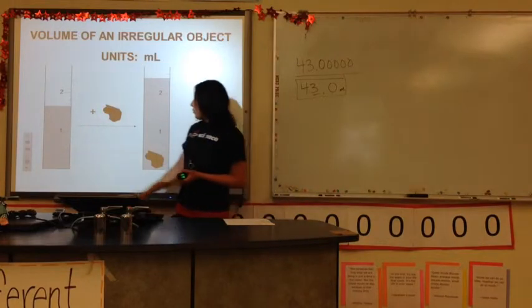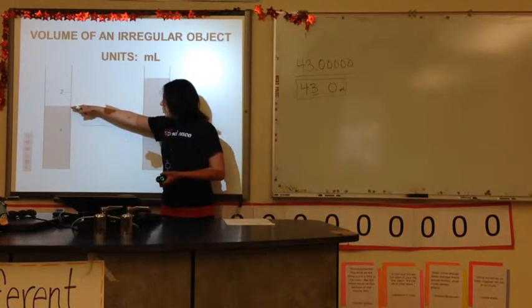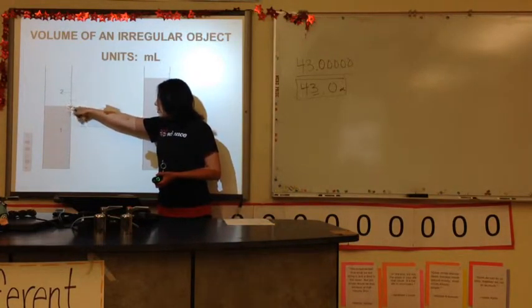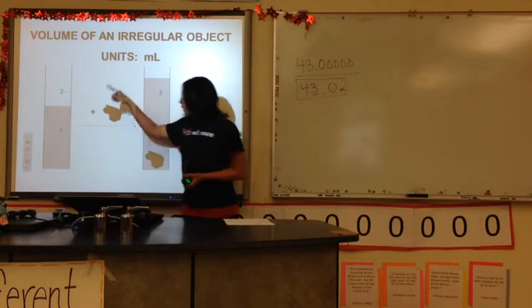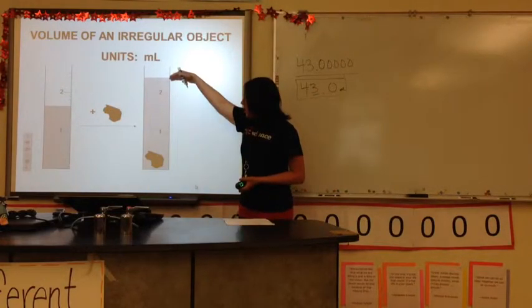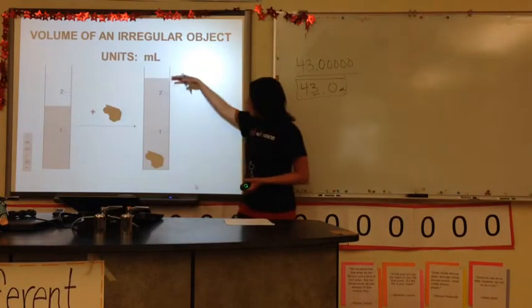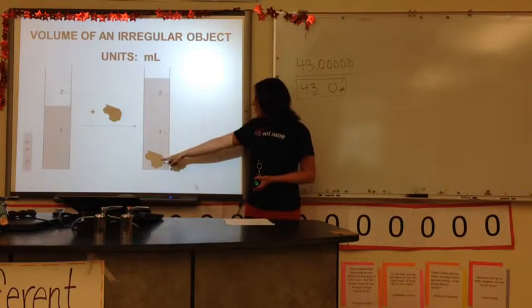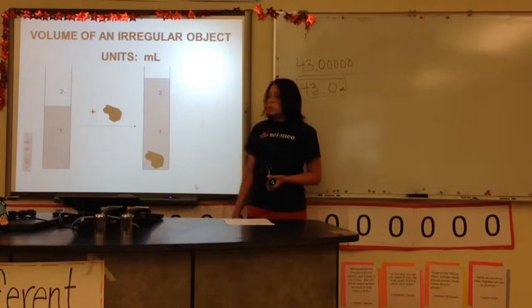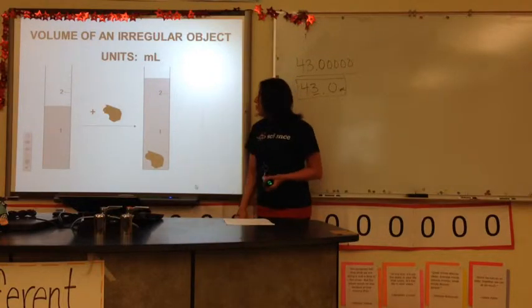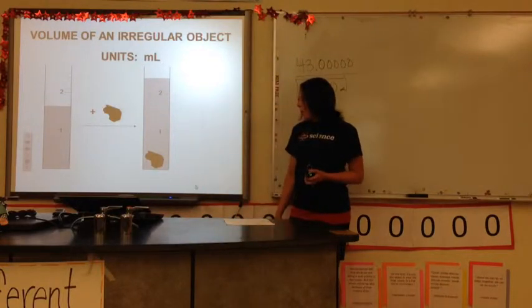technique before, where you fill something up to a certain point with water. You take note of that. You add the object in, and what you really care about is the difference between where the water level was before and where it is now, because that difference will tell you how much space that unknown object is taking up.